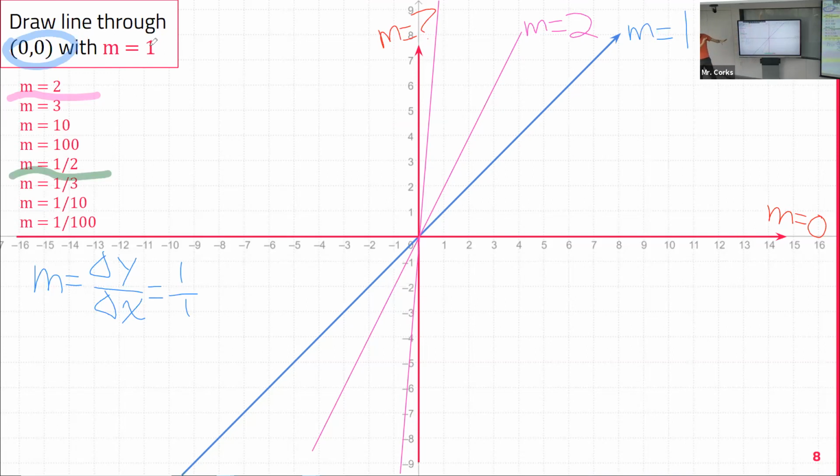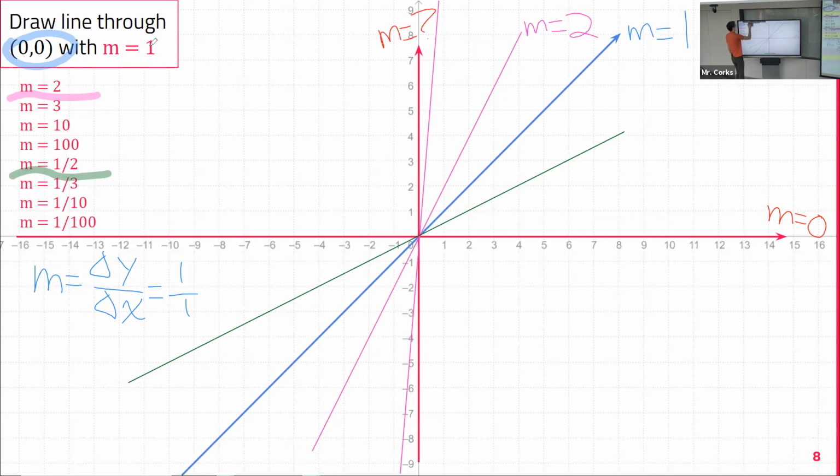So let's compare it to the line m with a slope of 1. If m equals 2 is steeper, then 1/2 is shallower, less steep. So it's going to look like this.